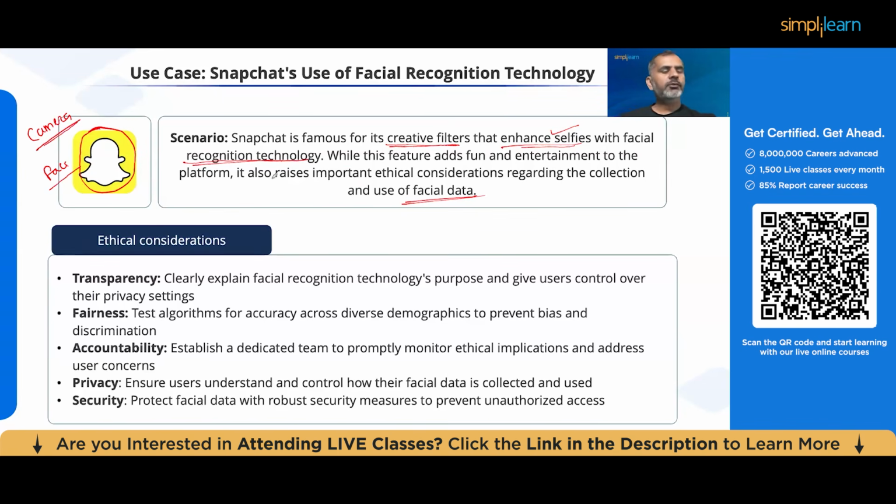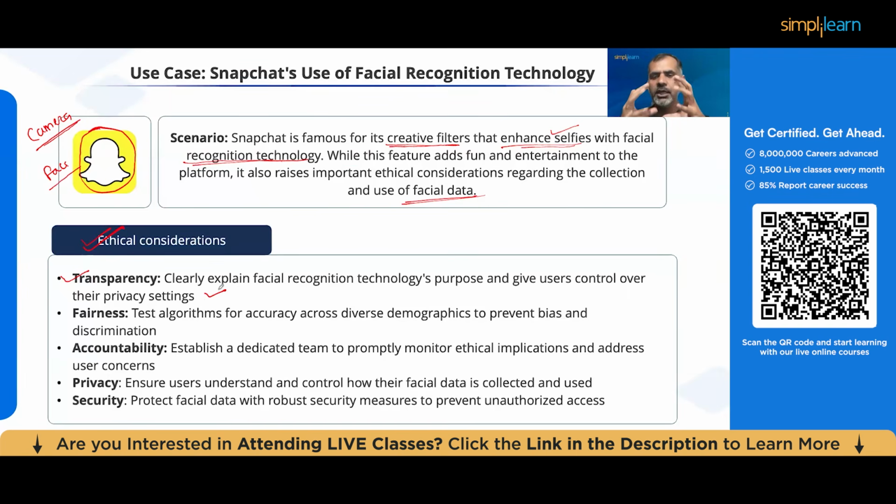Now when we talk about such applications, what could be the ethical considerations? The very first is transparency, as we have just seen in the key principles of data ethics. That means Snapchat has to clearly explain the purpose of the facial recognition technology and give users control over their privacy settings.